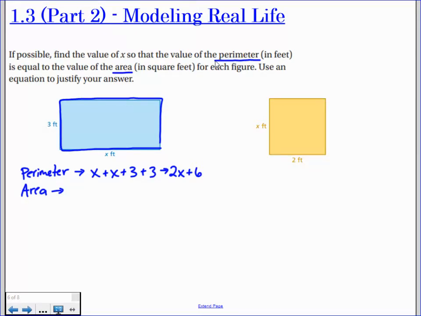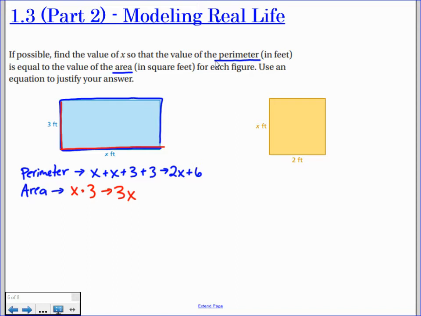The area of a rectangle is just length times width. So length times width. So this would just be x times 3, or in other words, 3x.